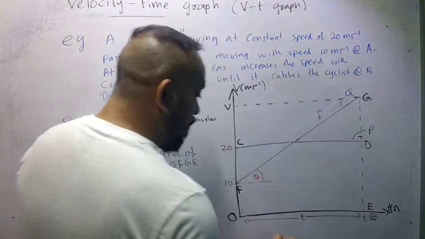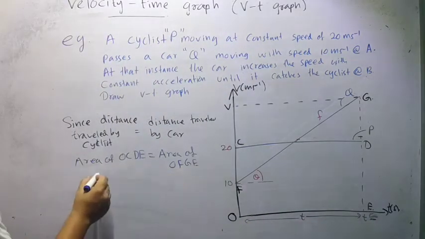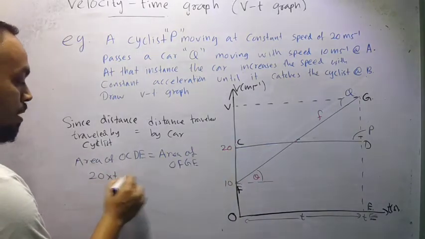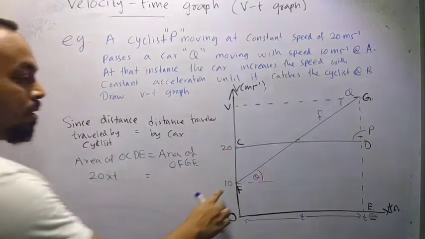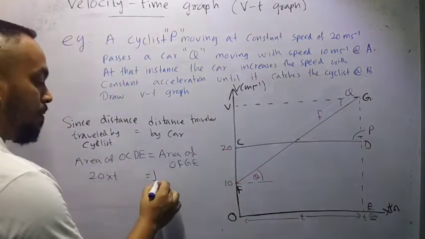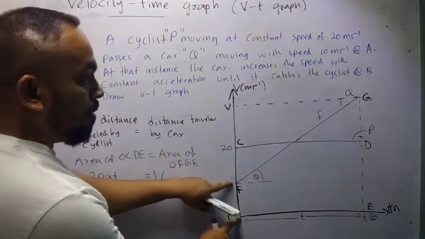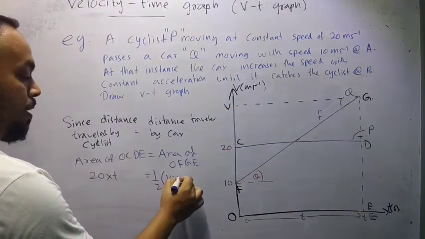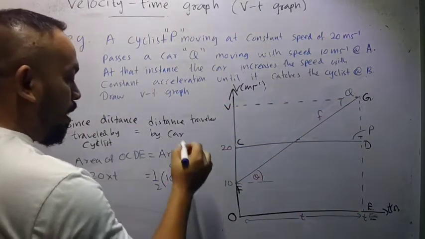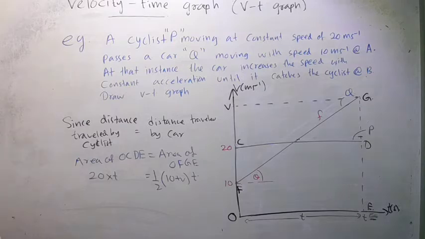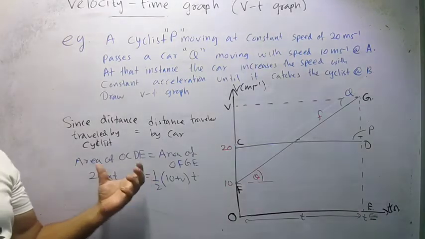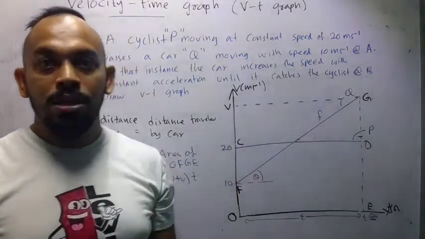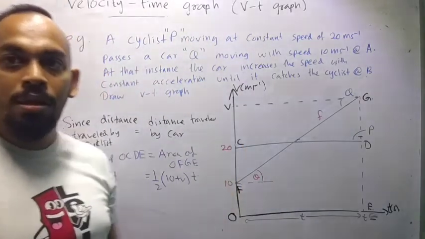Let's take this to be our T. So this is 20 into T, which must be equal to, for the trapezium, half into (10 plus V) into T. That is S equals (U plus V) divided by 2 times T. We don't have the acceleration, but we have time.